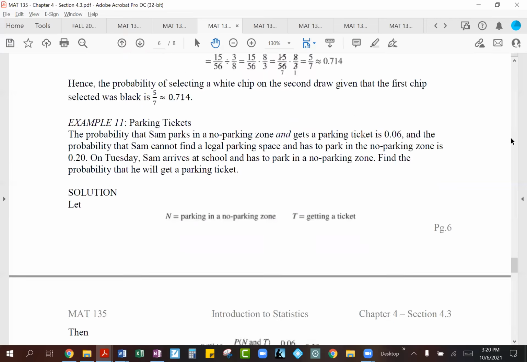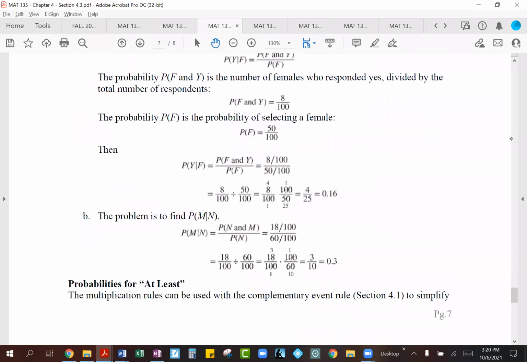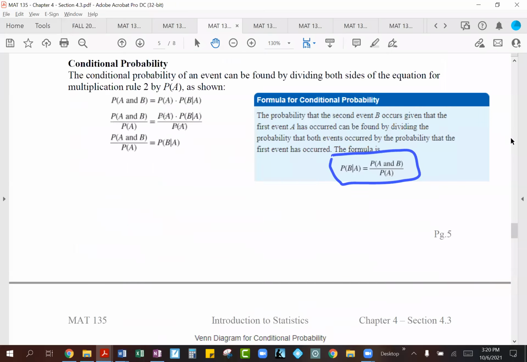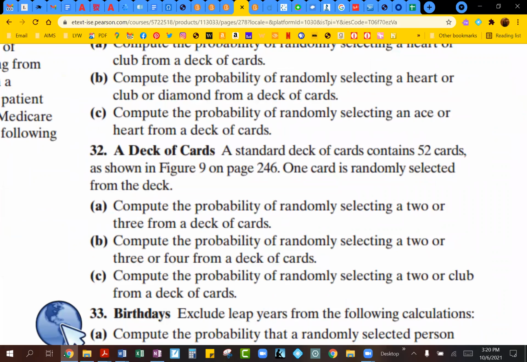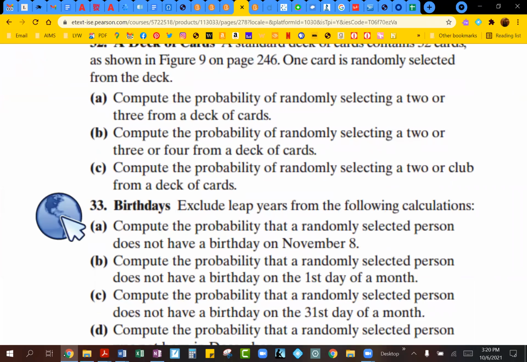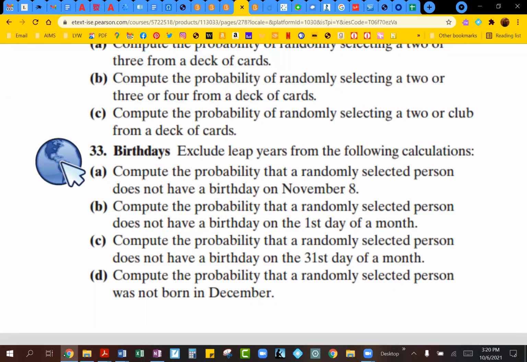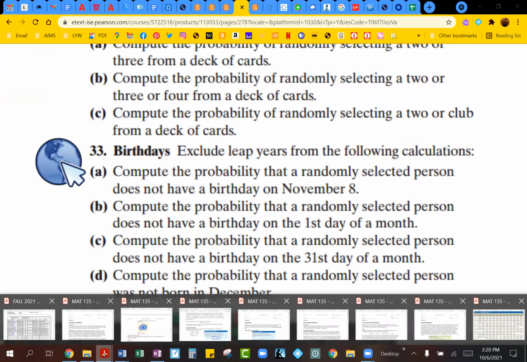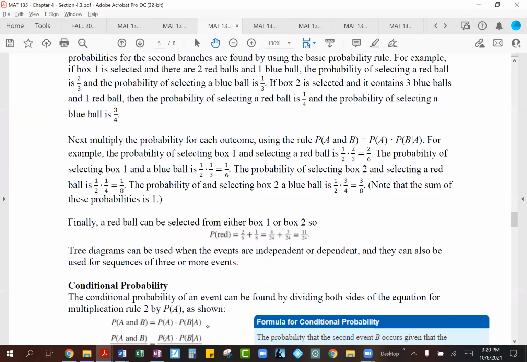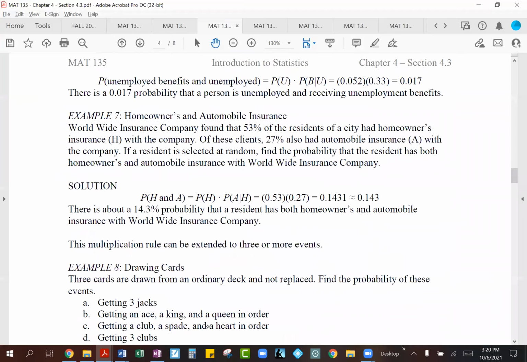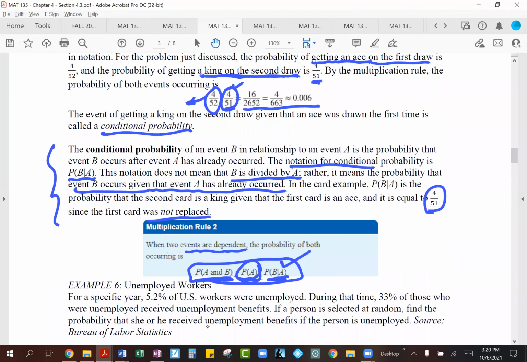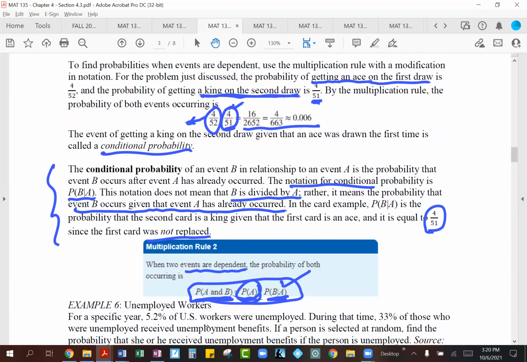So again, you can see a bunch of examples to help you out with that, but let's find something in our textbook over here. So a quick question. Yeah, go ahead. Say on event A, we drew a king and did not replace it. Yeah. So therefore, we still have 51 cards. Would that change the second fraction to 3 out of 51? Or is that set ahead of time?